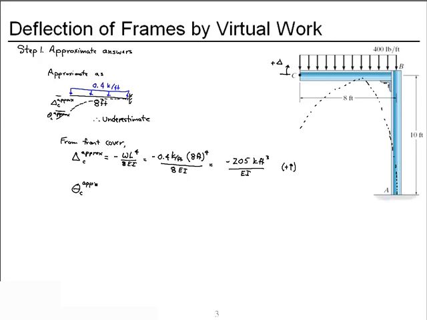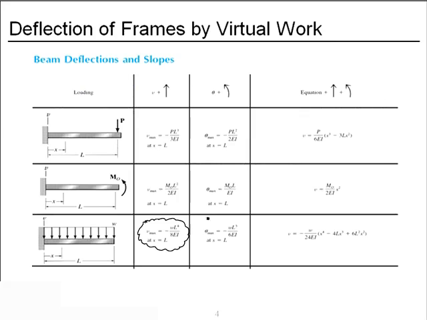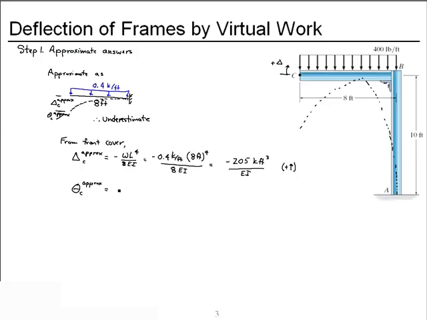To predict slope at that end, we go back to the front cover. The slope at the end is minus wL^3 over 6EI. And this is negative because a positive slope at this end using the formula would be a rise.